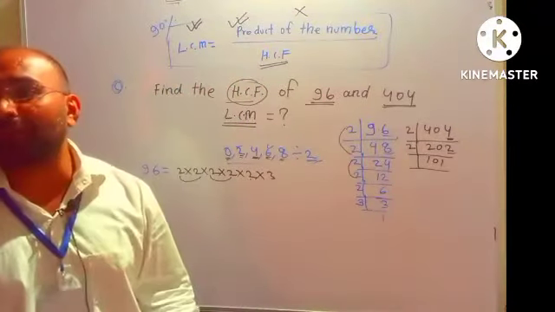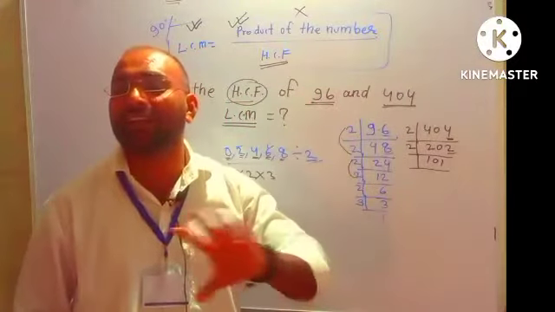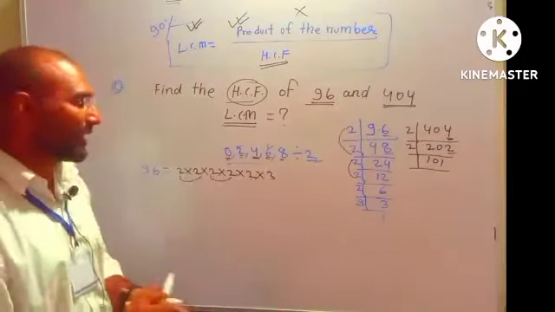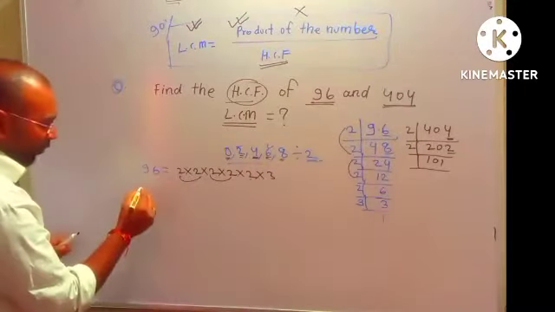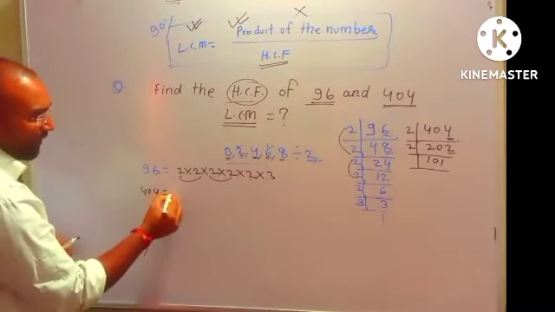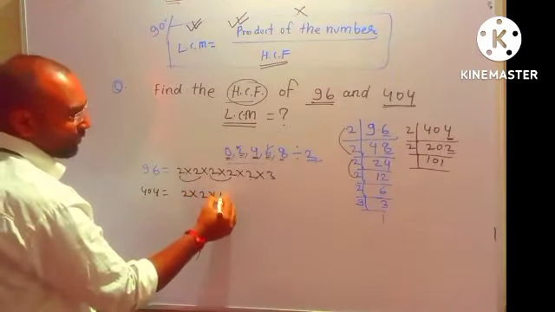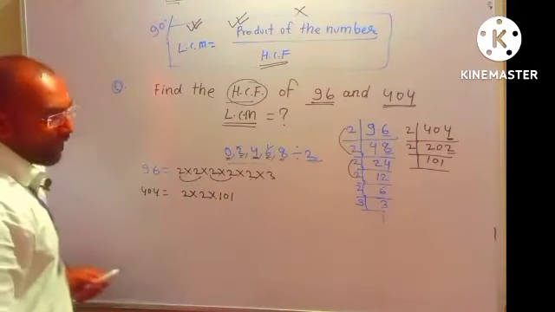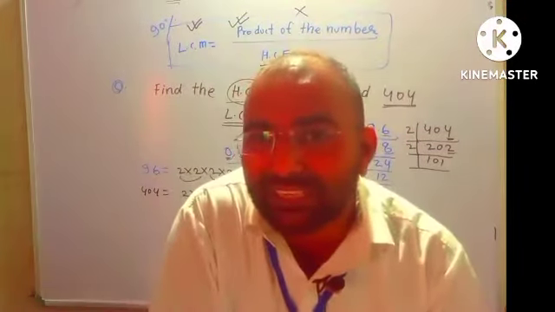Now what's a prime number? Prime number means उसको दूसरे किसी भी नंबर से डिवाइड नहीं कर सकते. So 404 will be written as 2 into 2 into 101. This much is clear.